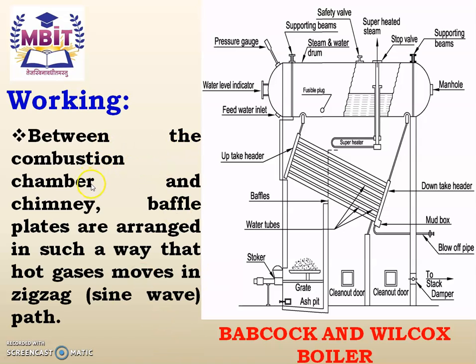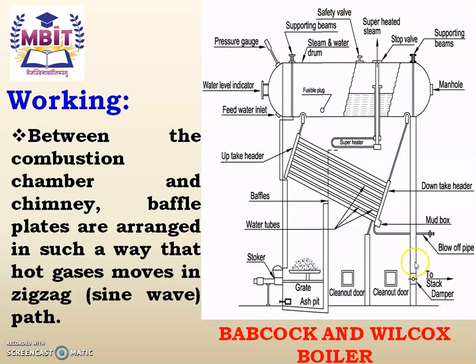Between the combustion chamber and chimney, baffle plates are arranged in such a way that hot gases move in a zigzag, or sine wave path. You can see this one is the place where hot gases are generated, and this one is the chimney. If the baffle plates were not there, hot gases could directly move into the chimney.